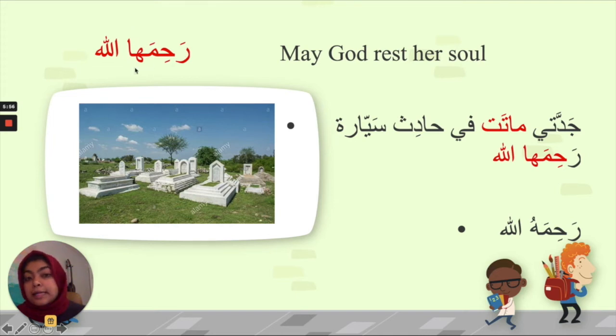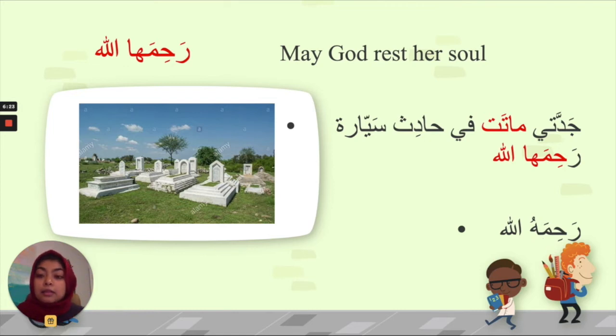And that's just an attached pronoun. So whoever you're talking about, you simply change that attached pronoun, right? So if it was the masculine, you just put hu, rahimahullah, right? So you simply put the attached pronoun. So I gave you the same example here. جدتي ماتت في حادث سيارة rahimahullah. So God rest her soul. If it was masculine, if we were talking about jaddi, rahimahullah. Okay.